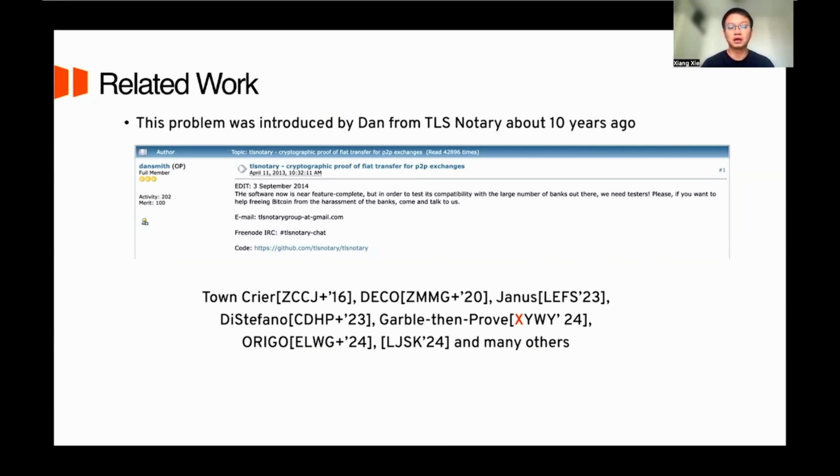After that, a lot of academic papers came out to solve this problem, like Town Crier, like Jacob, and our paper, DECO and Proof. All of these papers are trying to improve the efficiency in different trust assumptions, in different modes, and in different scenarios.